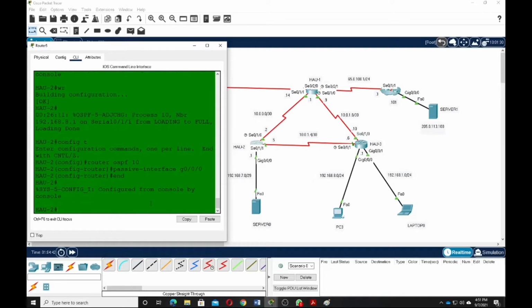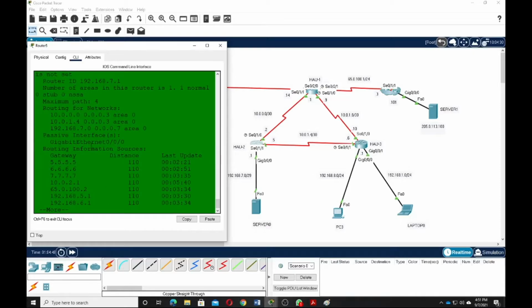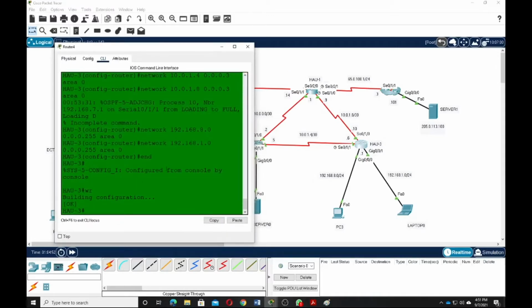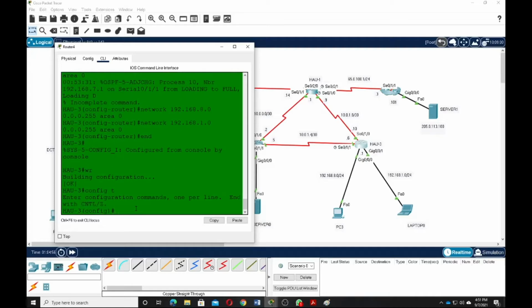Okay, and show ip protocols to check. So it's already passive. And this one also should be configured passive. Config t, passive-interface G0/0/0.